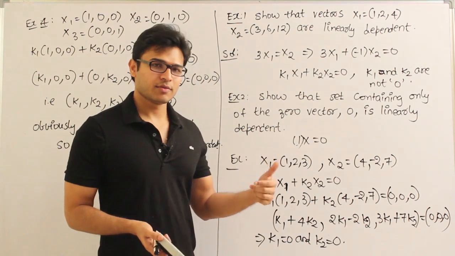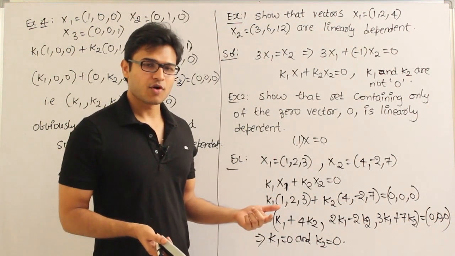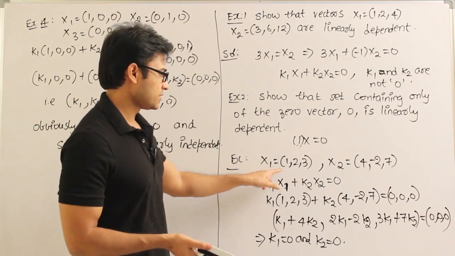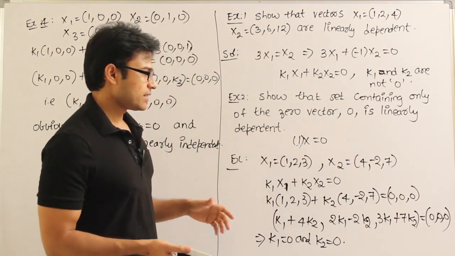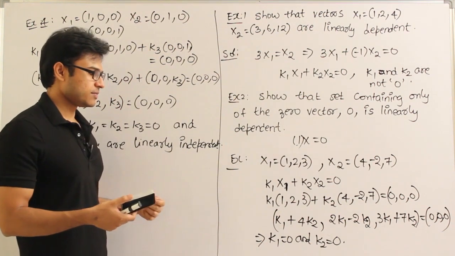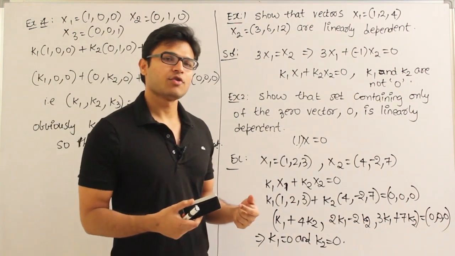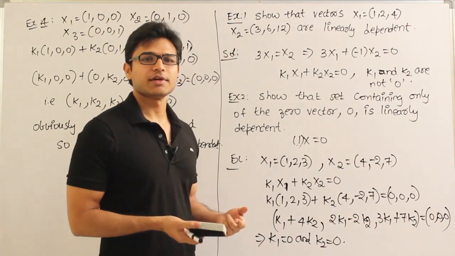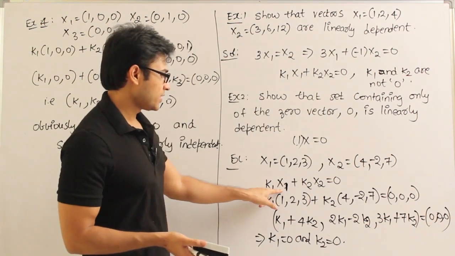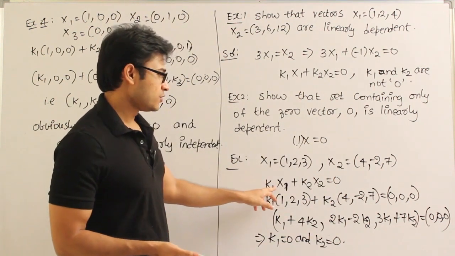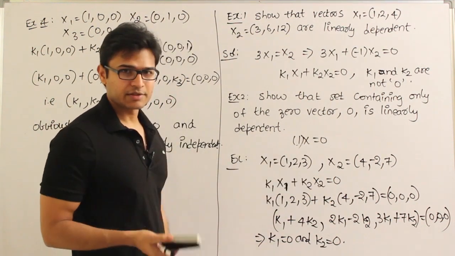We would be able to write them in the form of k1 into x1 plus k2 into x2 equal to 0, where x1 is this and x2 is this. Since I am assuming that they are linearly dependent, I should be able to write it. That is just my assumption.